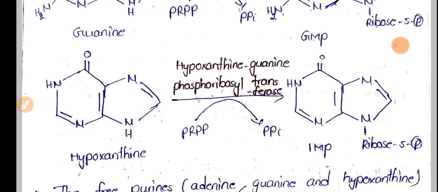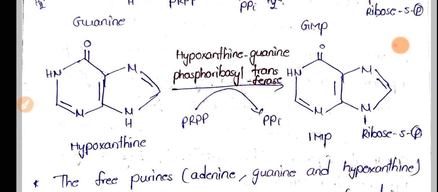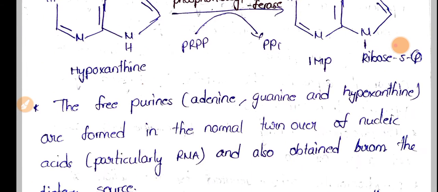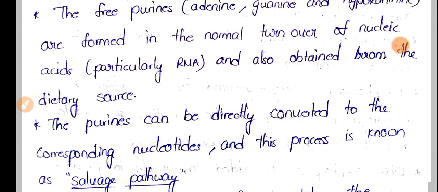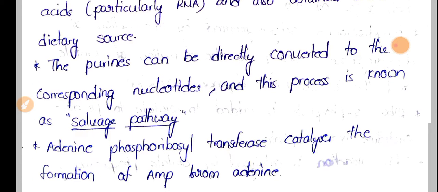The third reaction is hypoxanthine converted into inosine monophosphate by the enzyme hypoxanthine guanine phosphoribosyl transferase. These three purines are helpful in the production of purine nucleotides.